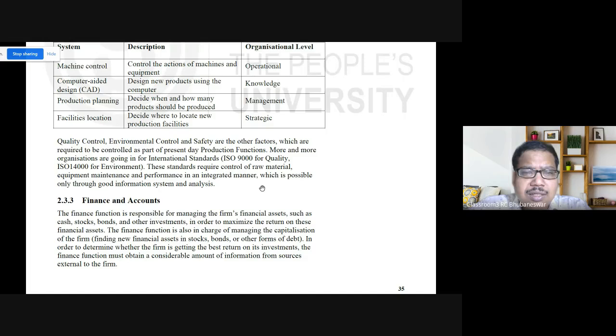These standards require control of raw material at different levels, equipment management, and integrated performance. Wherever you are giving the service, it can be integrated, and we can know what level of quality we are providing.